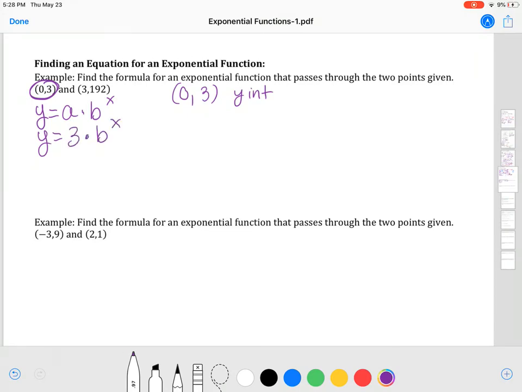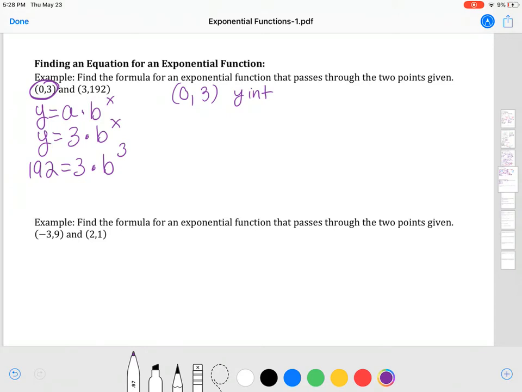So all we have left to do now is figure out our value of b. And we can do that by using the second point that they give us. So I'm going to plug in 3 for x and 192 for y, and then I'm going to go ahead and solve for b from here.